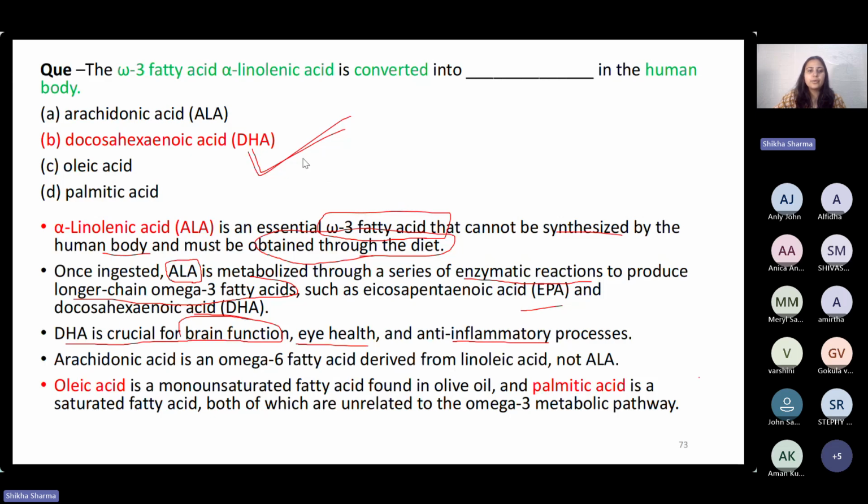That's why some oils which we sell in the market are labeled DHA fortified or omega-3 fortified. These oils are fortified with these compounds, so they market them like that so that consumers understand this is an essential fatty acid our body needs, and they can buy these products.